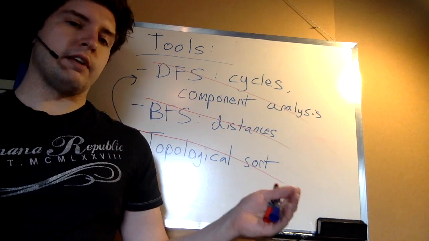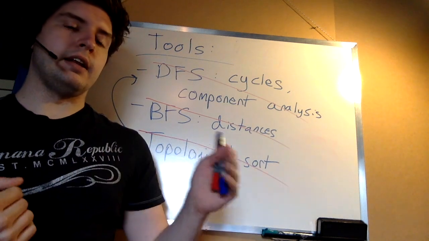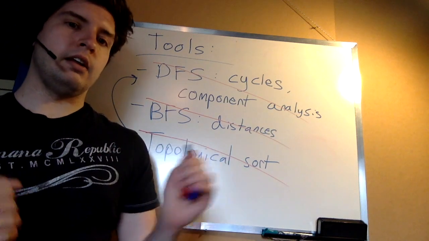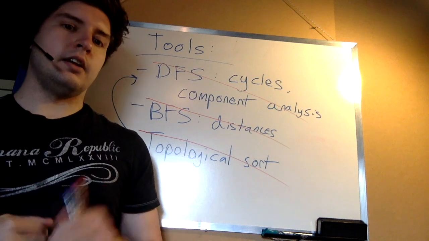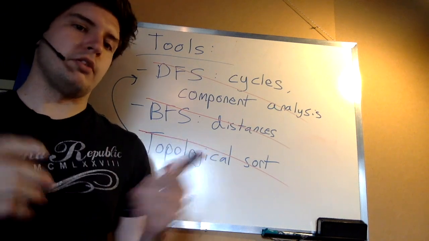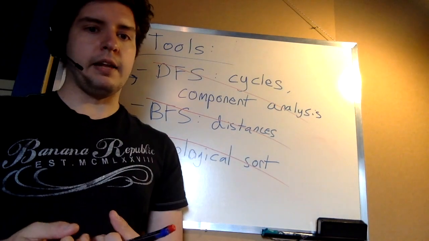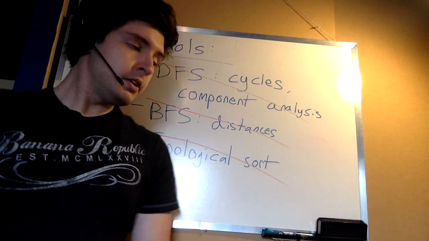So if we're given a set like A, B, C, D, then for A, we have to look at B, C, D. For B, we have to look at A, C, D, or just C, D. For C, we have to look at A, B, D, or just D. And then for D, we look at all the others, or just D itself. In both cases, it's going to be an O of n squared algorithm.